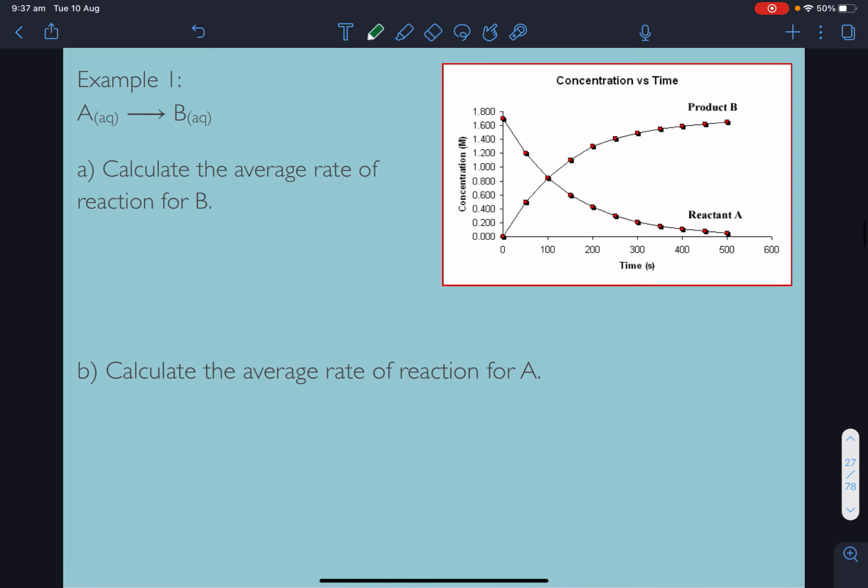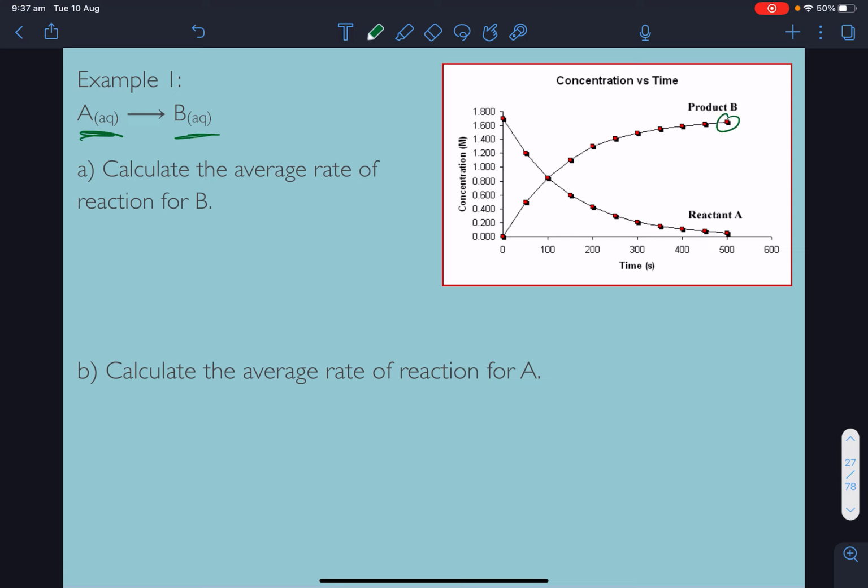So nice and simple, I've got A in aqueous going to B in aqueous. Okay, and here's my graph here. My reactant A has started up here and gone down to 0, and my product B has started at 0 and gone up to here.